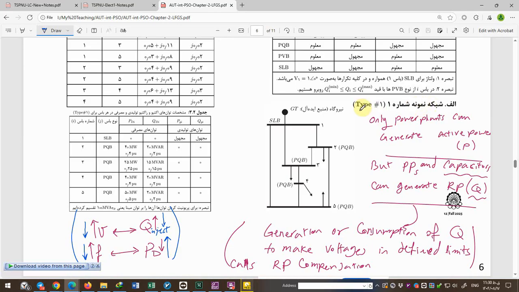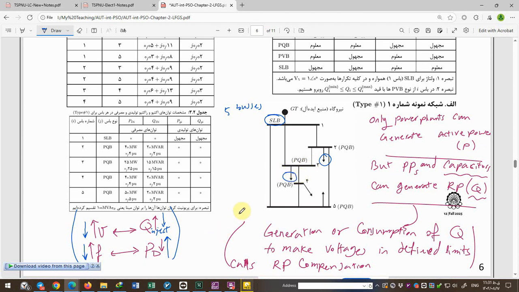In network type 1, we introduce a 5 bus network with one generation in the slack bus, and other buses are PQ buses with a specified amount of loads.